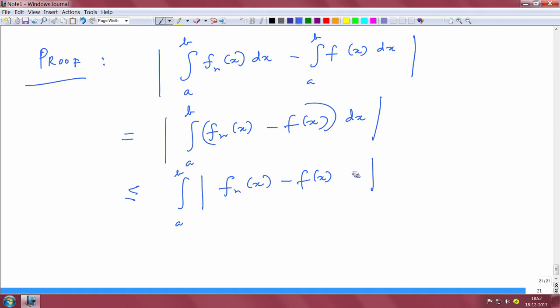I think I have to be careful here. I have to put the dx outside. So basically I take this deviation, I integrate it, and then I take the mod. This is definitely less than or equal to what I get if I did the absolute value first and then integrated over the interval a to b.